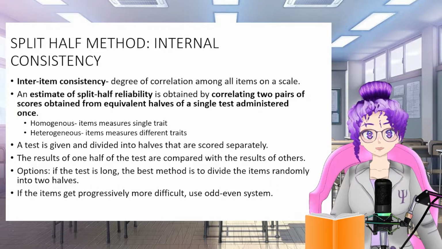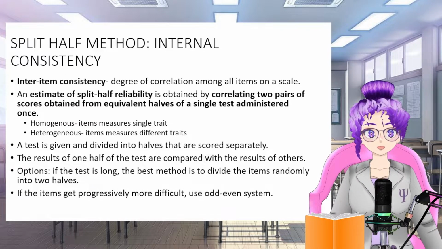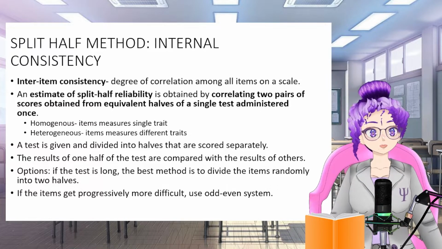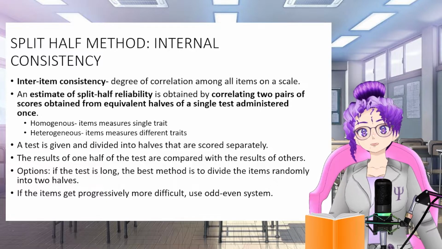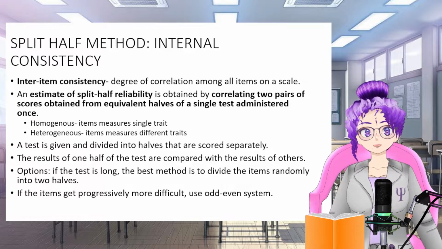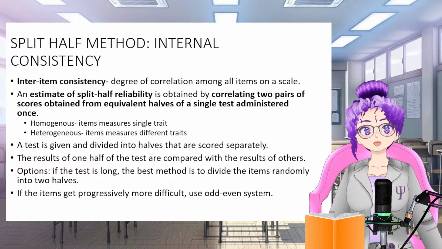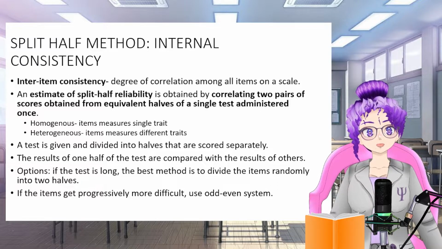So we are measuring whether the items are homogeneous, meaning the items measure a single trait, or heterogeneous, meaning the items measure different traits. An example of a homogeneous test is a math test that measures your ability in multiplication, so the items must only contain a single trait, which is items about multiplication.